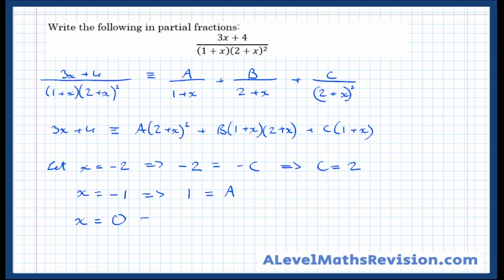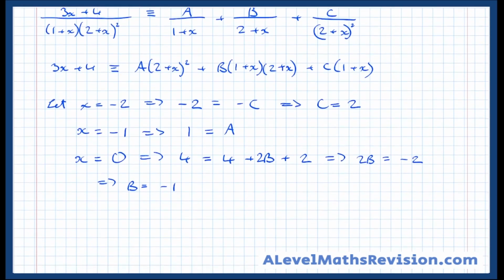I'm going to use 0, which means that 4 equals, well, we know a is 1, so 1 times (2 plus 0)² is 4, plus, and we don't know b yet, so b times 1 times 2 makes 2b, plus, and we know c equals 2, so 2 times (1 plus 0) is 2, which means that 2b, taking all the numbers to the left hand side, equals minus 2, which means that b equals minus 1.